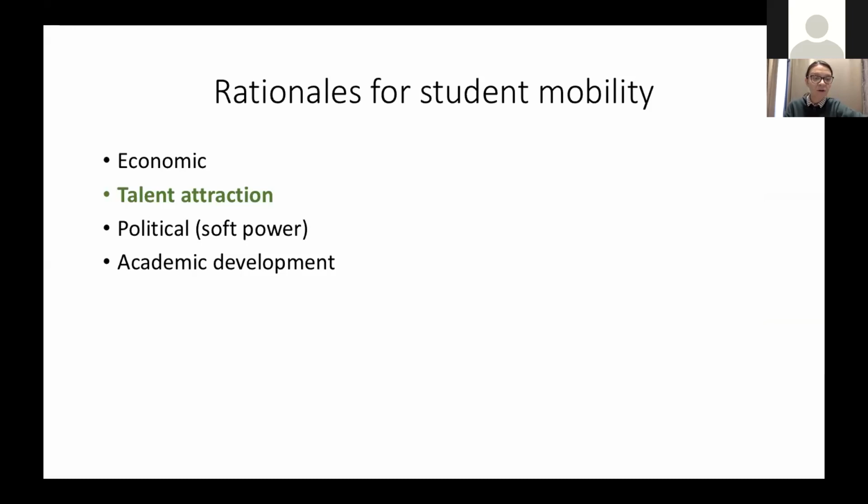Other rationales such as soft power and academic development are also relevant. Those are cornerstones of student mobility. However, talent attraction is one of the key rationales for universities to attract international students and to engage in international cooperation altogether.